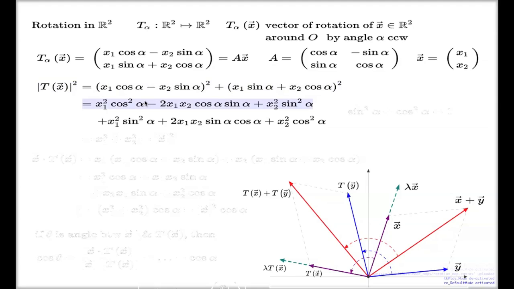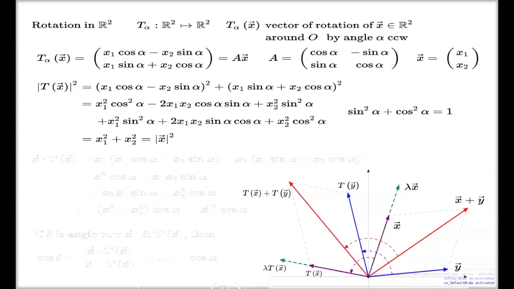Double products cancel each other. Minus and plus counteract each other. For these, we can refer to the fundamental relation between cos and sine. Here it is: sine square alpha plus cos square alpha always delivers 1. So these two, and these two, and these two, and these two deliver x1 square plus x2 square, which we know is the squared modulus of the vector x.